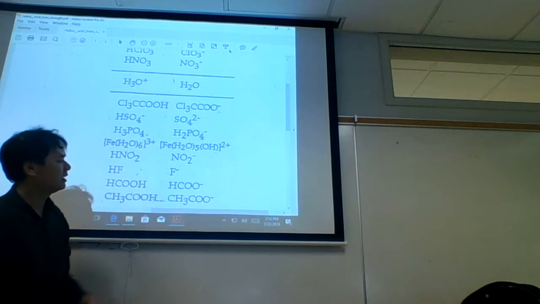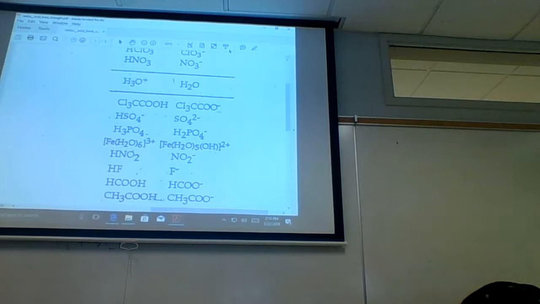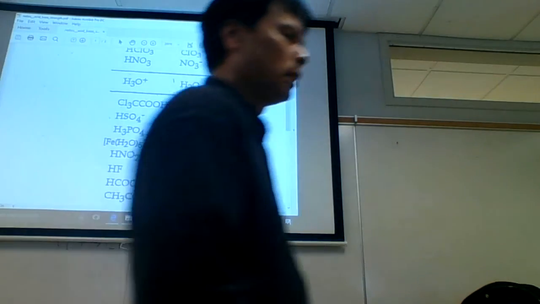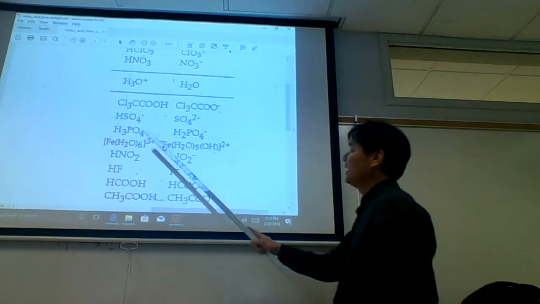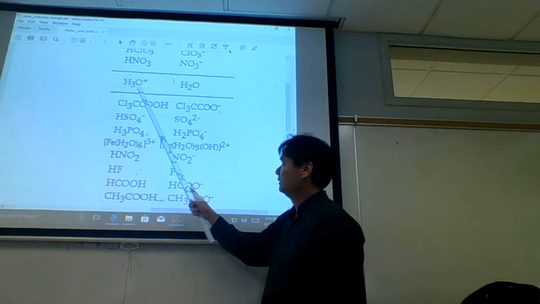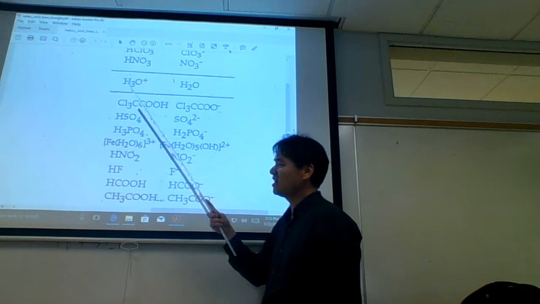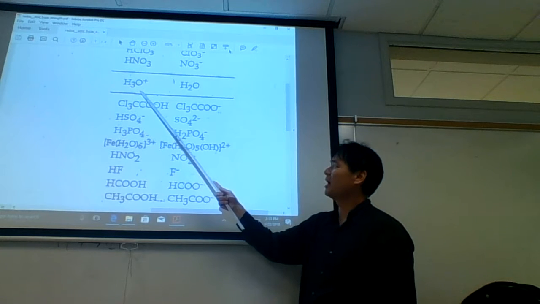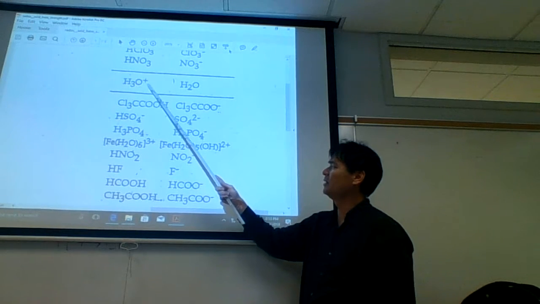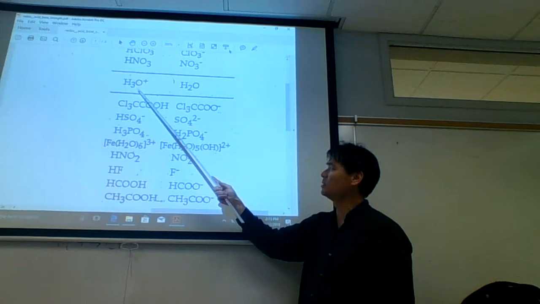There's an easy way to use this chart. If I have H plus, which is also known as hydronium, it turns out H plus is tiny, it's a proton. It's very reactive, so it immediately attacks water to form this species, which is hydronium.